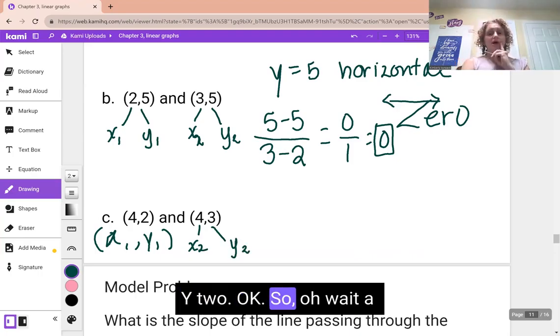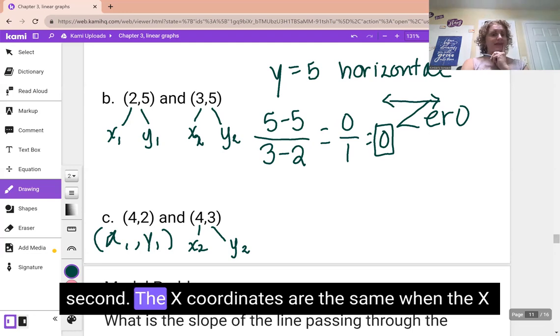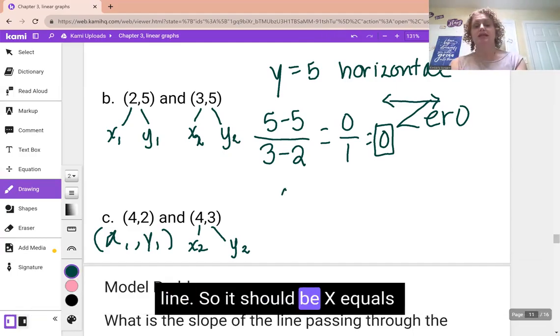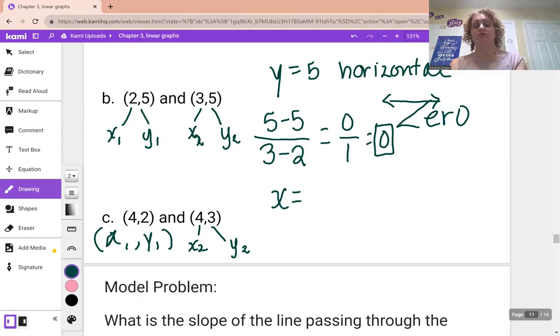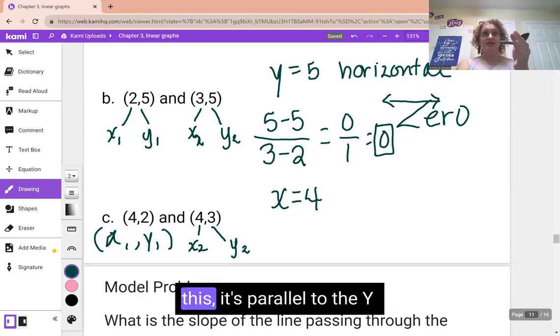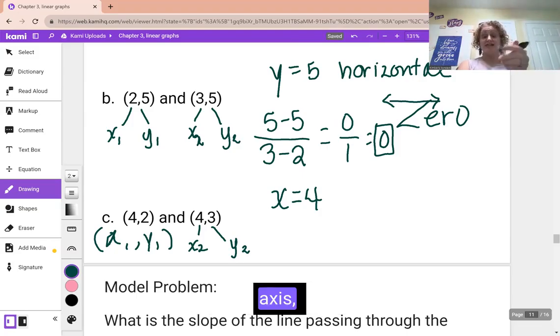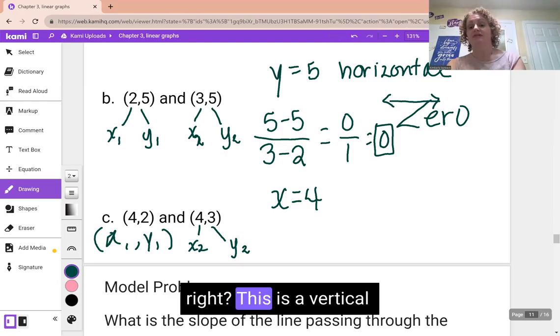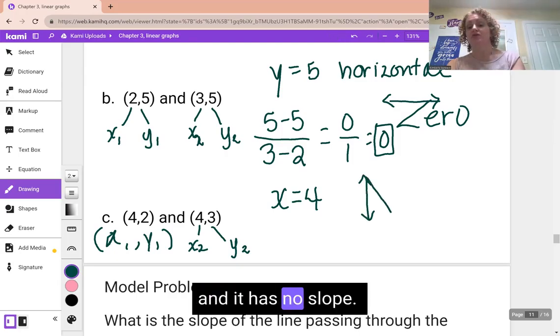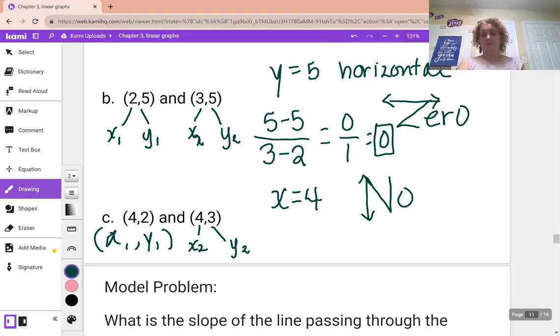Oh, wait a second. The x coordinates are the same. When the x coordinates are the same, what kind of line do I have? I have a vertical line. So it should be x equals 4. A vertical line goes like this. It's parallel to the y-axis. This is vertical, and it has no slope.